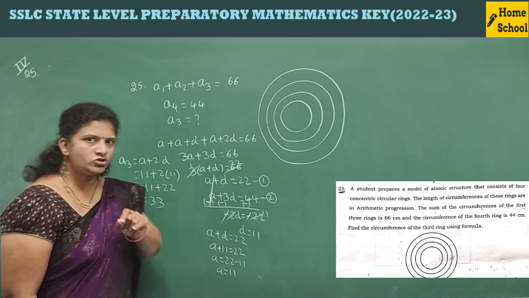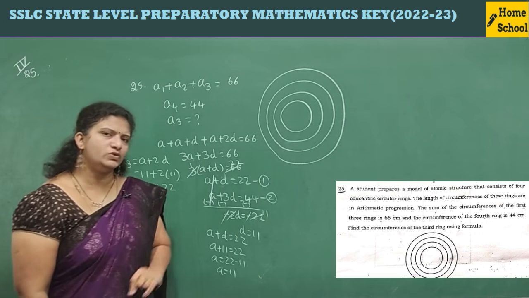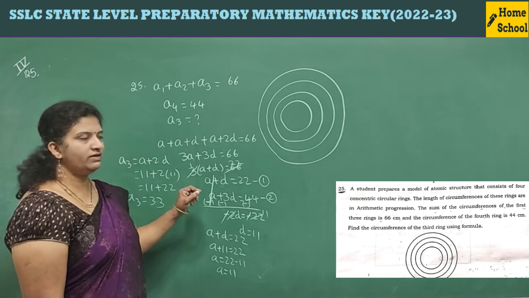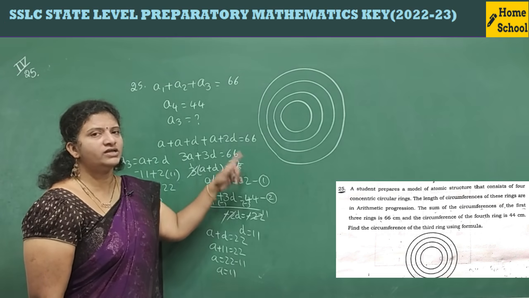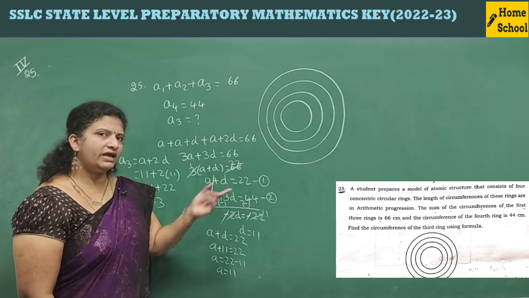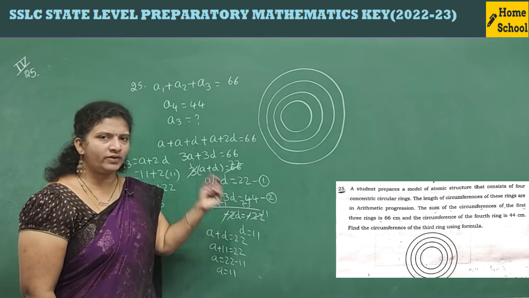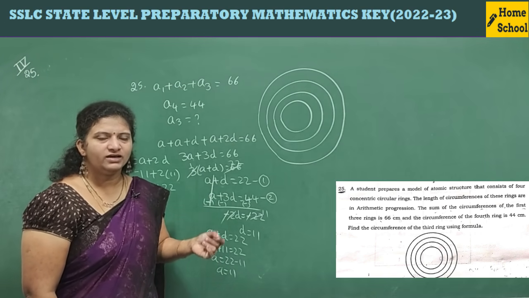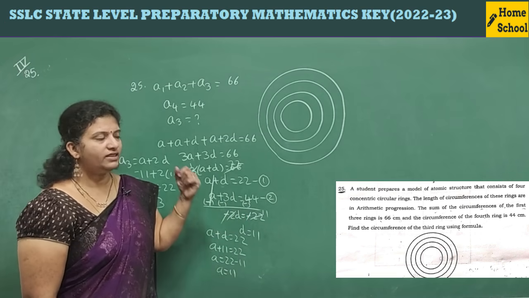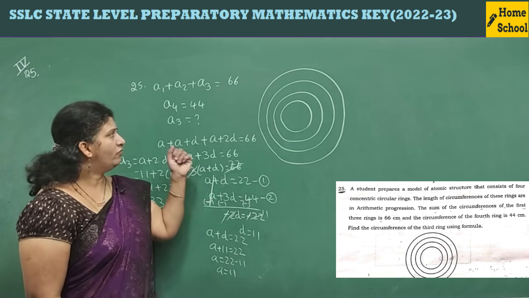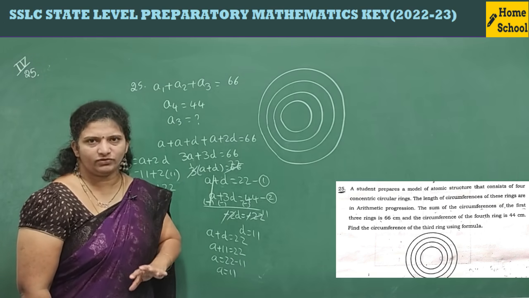So here most of the children will be confused by this problem, where they have given the circumference of a ring. Circumference, immediately you go on writing 2 pi r1 plus 2 pi r2 plus 2 pi r3 is equal to 66, then 2 pi r2, r3 is equal to 44. Like this you will be confused.